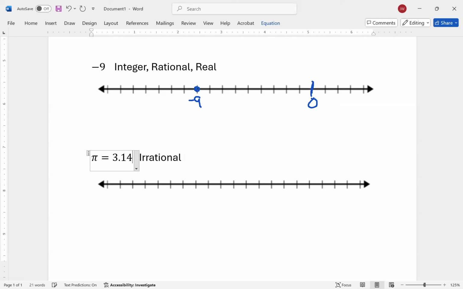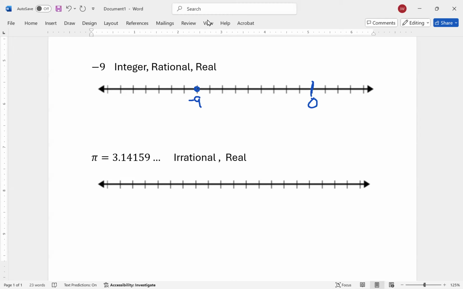It's 3.14159, but it keeps going and going and going, and it doesn't have a repeating pattern. So it's irrational, but we know all irrational numbers are also real numbers. So it's irrational and real.